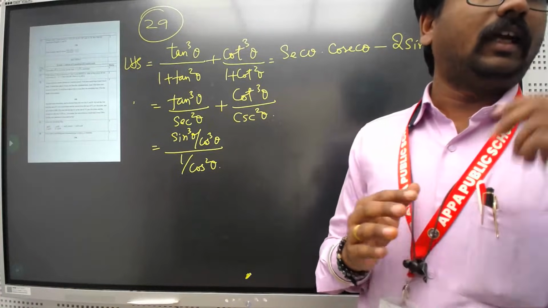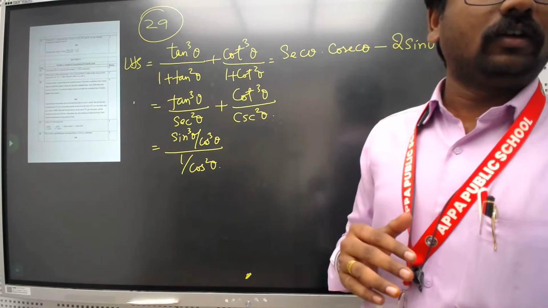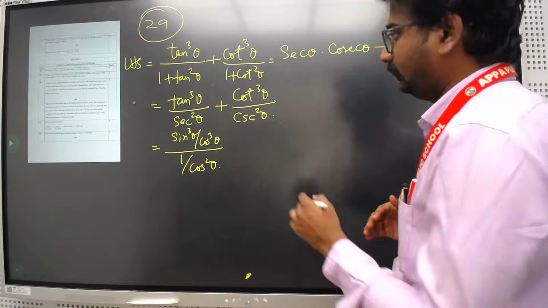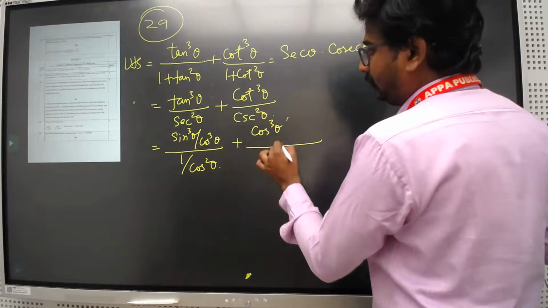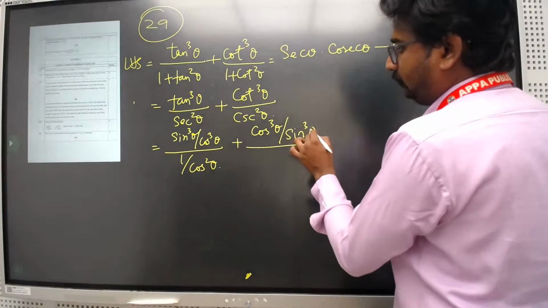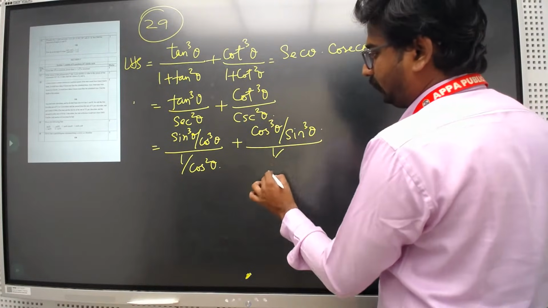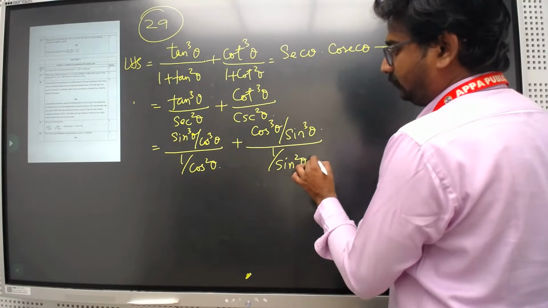Quotient rule. Tan can be written as sine by cos. Cot can be written as cos by sine. Plus cos cube theta by sine cube theta. And cosecant square is 1 by sine square theta.